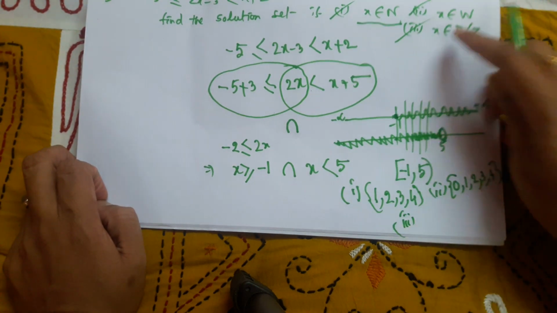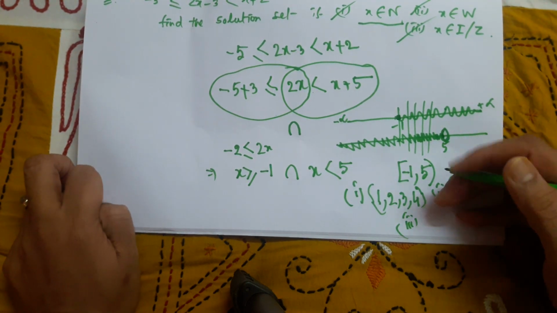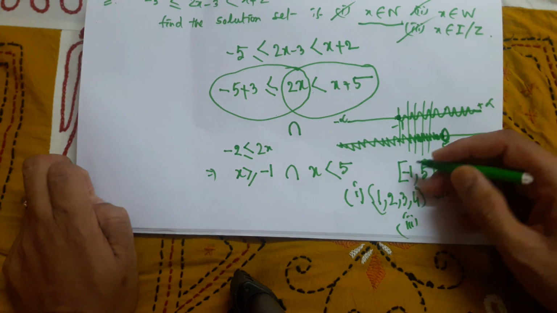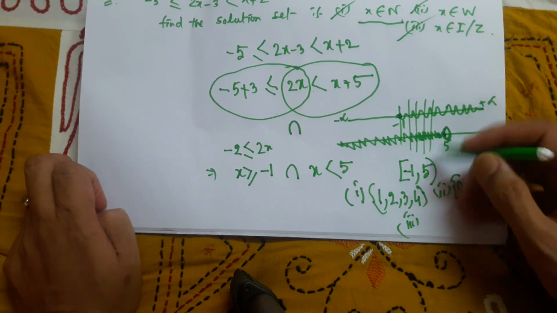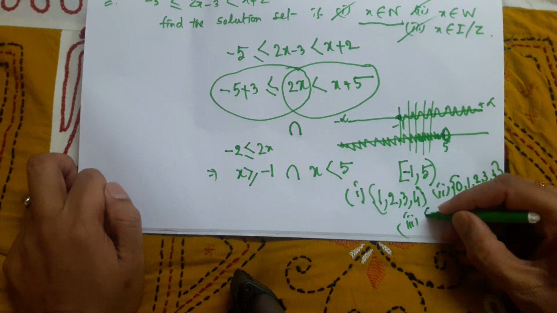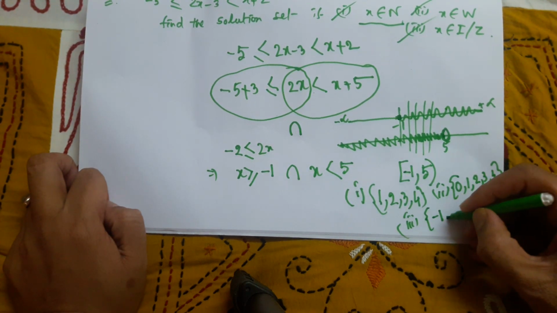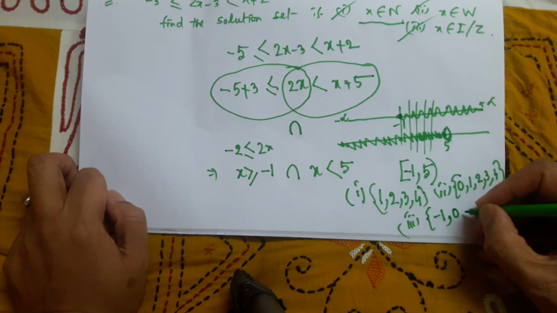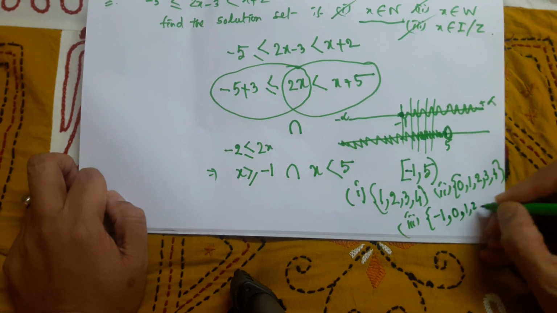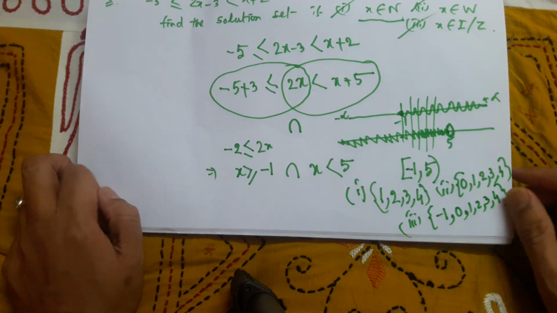And third part, x belongs to integer. Integer means negative, positive, 0. So if x belongs to integer, then the answer will be minus 1 here close. So we can take minus 1, 0, 1, 2, 3 and 4. These 6 elements.